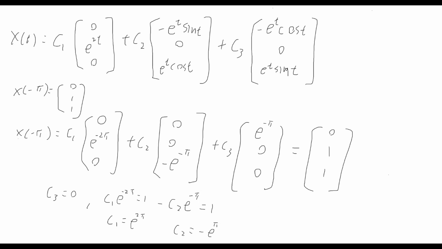Let me get a little more space. I'm going to erase that. So x of t will be equal to, first, C1 e^(2t), and C3 is 0, so we don't have to worry about this part.